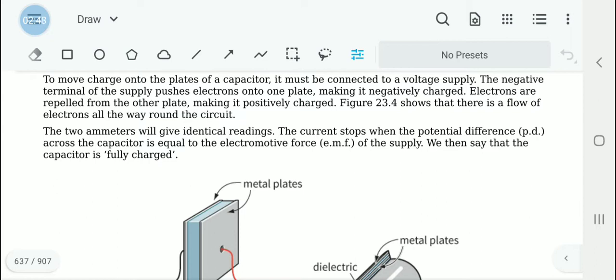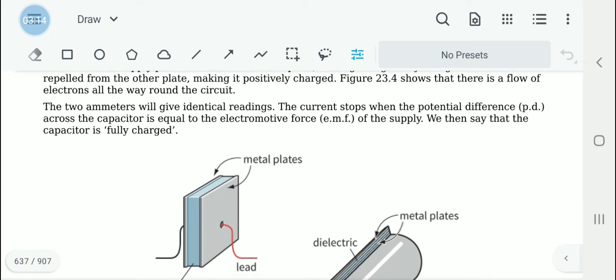Then the negative terminal of the voltage supply pushes electrons onto one plate. As a result, it becomes negatively charged. From the other plate, the electrons are repelled because of induced charge. As a result, it becomes positively charged.